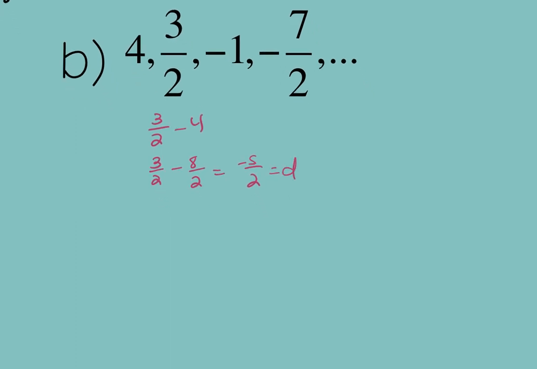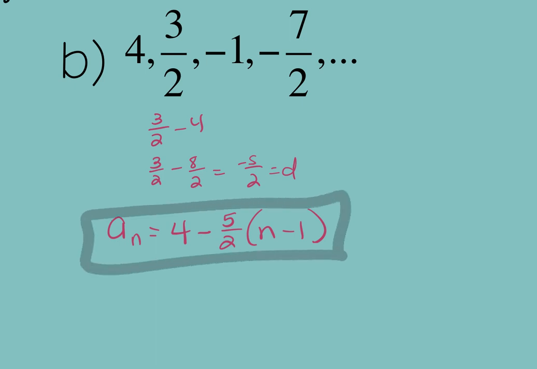That's D. So an equals 4 minus 5 halves times n minus 1. So your common difference could be a whole number, could be positive, could be negative, could be a decimal, could be a fraction. There's no restriction on it.